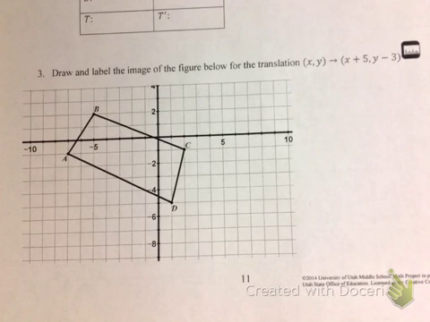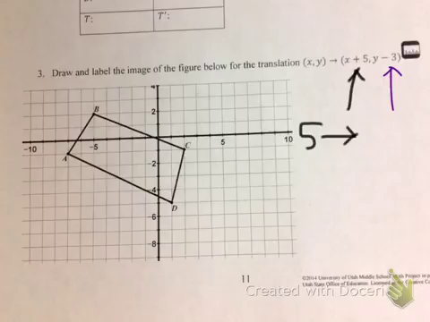Okay, last one, good people of the world. What are we doing to X? I moved it 5 over. What are we doing to Y? 3 down.